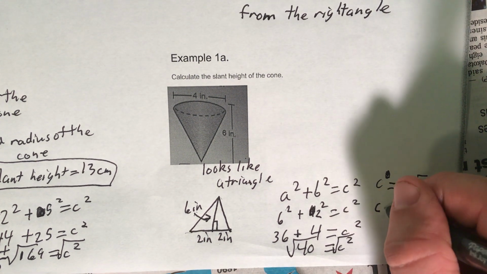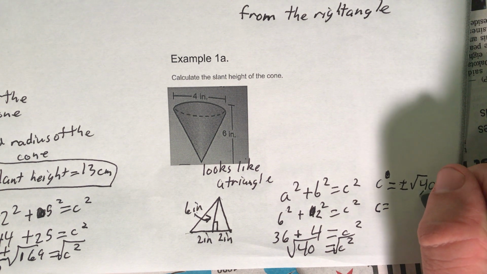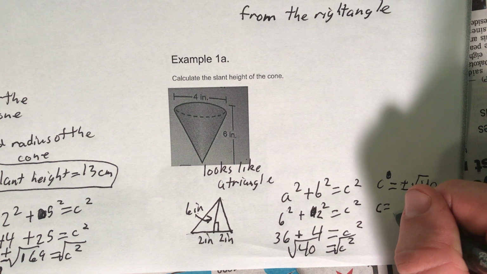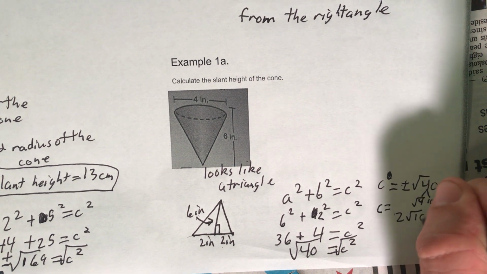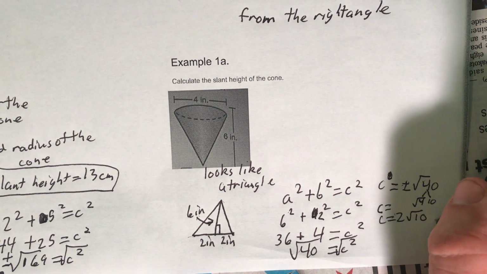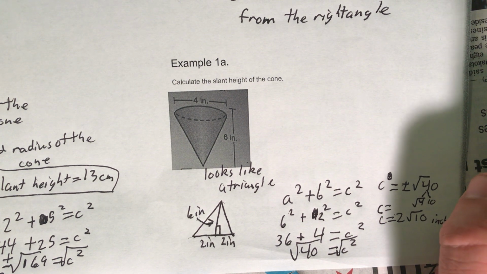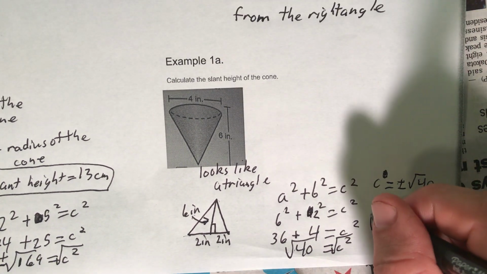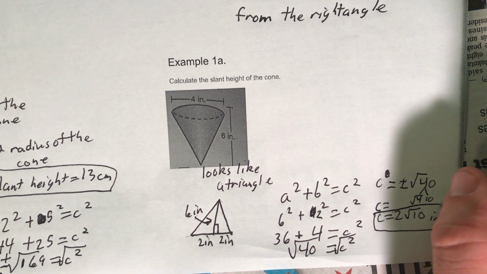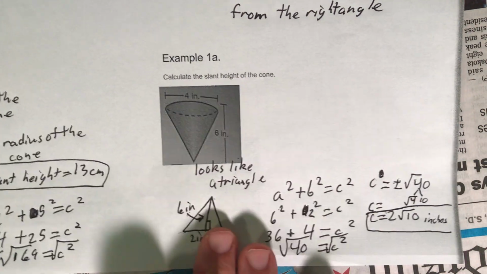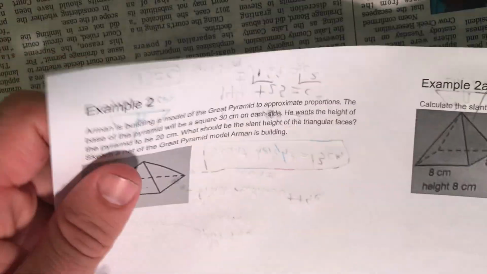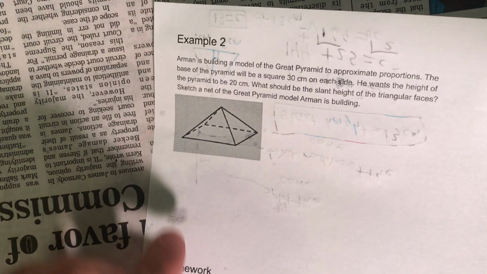So this would actually be c equals, well, 4 and 10. I can take the square root of that, so I get 2 square root 10 for c inches. There's your answer.